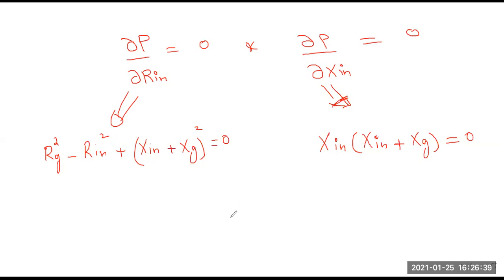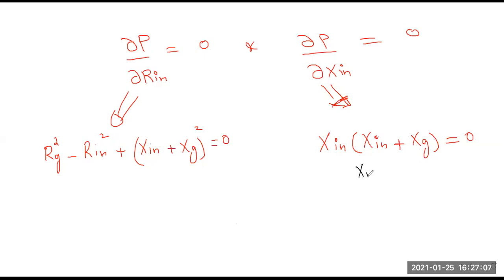Now if you look at these two equations, we can easily identify the condition for which power will be maximum. If you look at this condition, which is easier, first I will try to interpret its meaning. This condition is telling us that Xn into (Xn plus Xg) is equal to 0. So there are two possibilities.